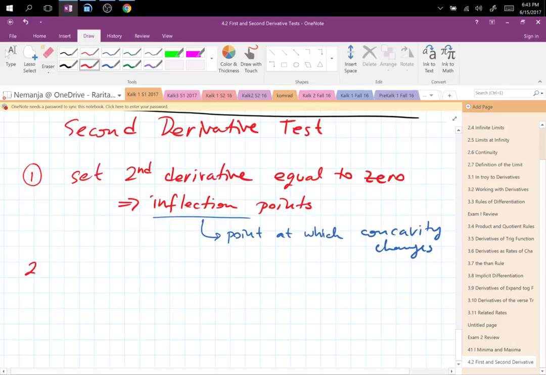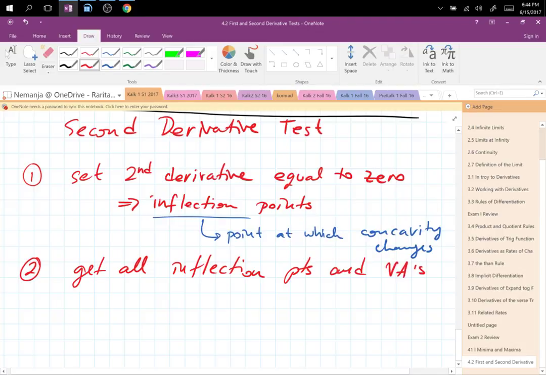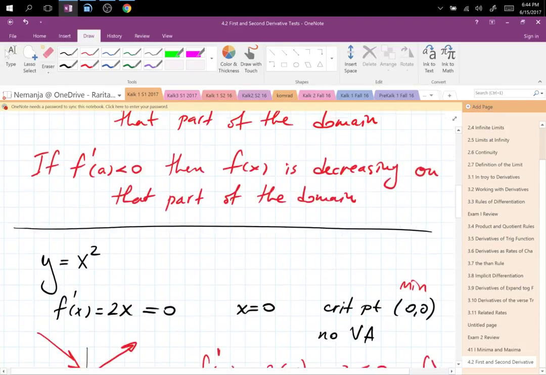Then get all inflection points and vertical asymptotes. We have the same steps, and then partition.